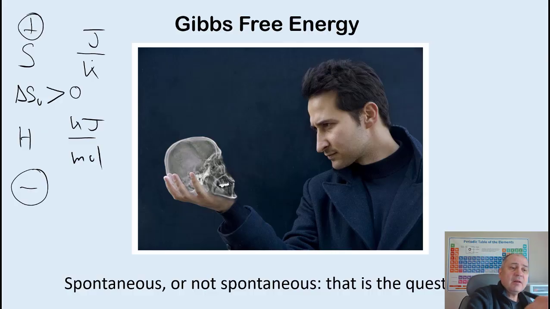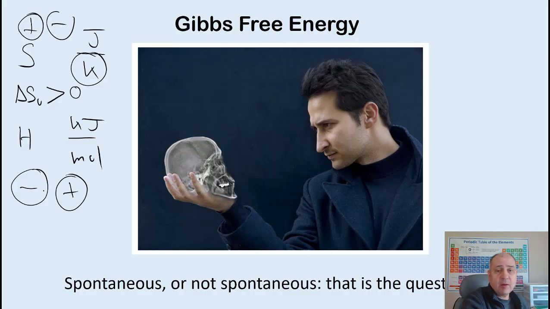And this is where the temperature comes in, and we can actually make a process spontaneous depending on how high or low the temperature is. Of course, there are also the cases where we have a negative entropy and a positive enthalpy, so an endothermic process that also becomes more ordered, and those processes are never spontaneous.